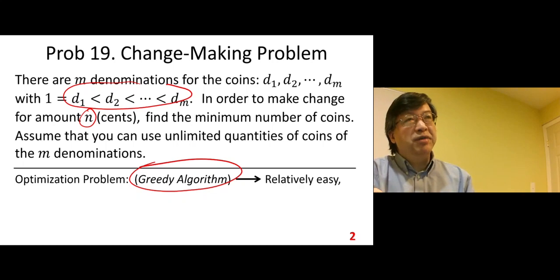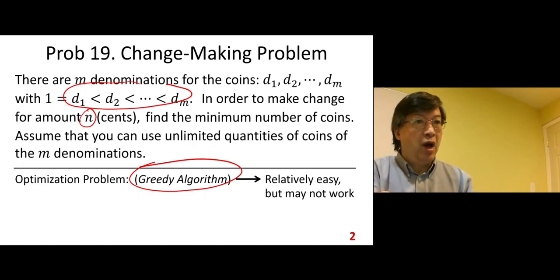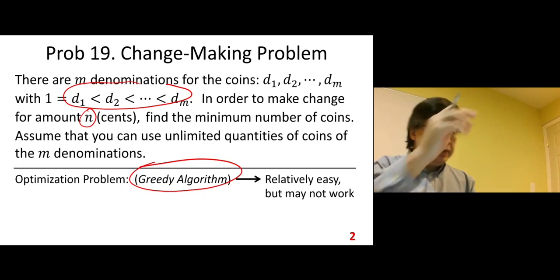But we know it is relatively easy. However, the greedy algorithm has a big drawback. It cannot guarantee it works. Sometimes it does not work. So you have to use a different way to solve it.